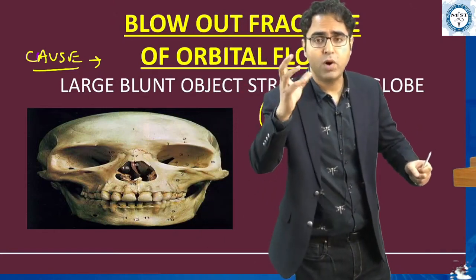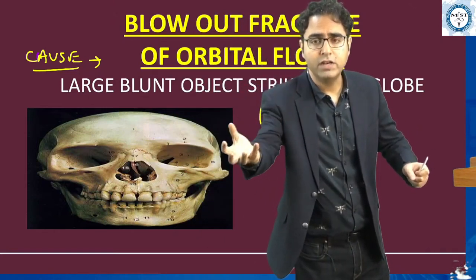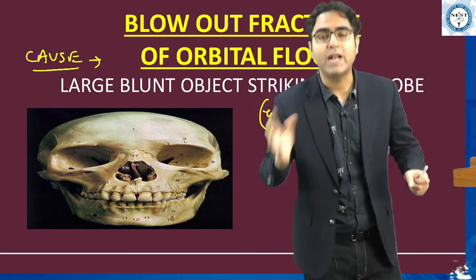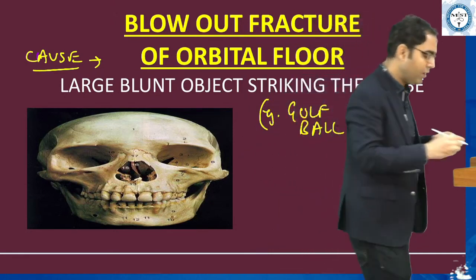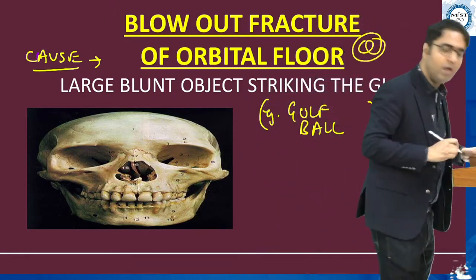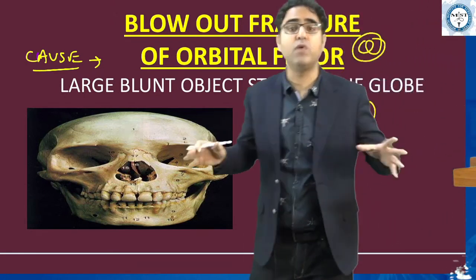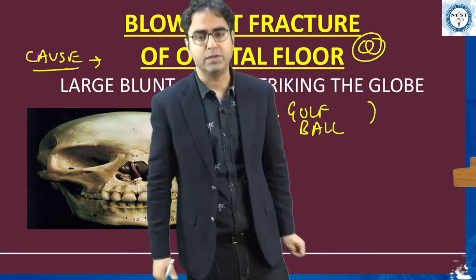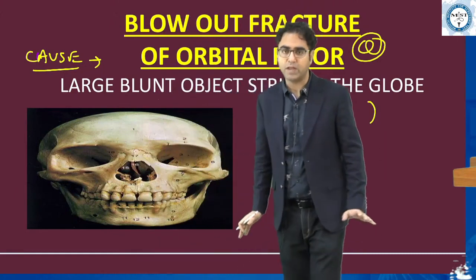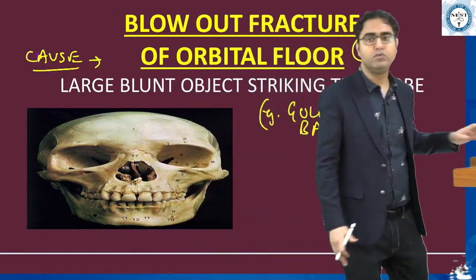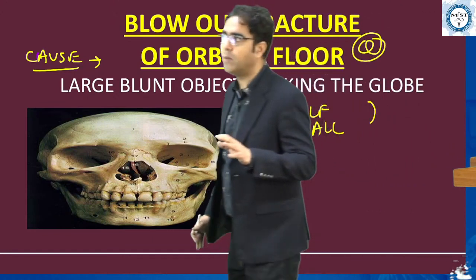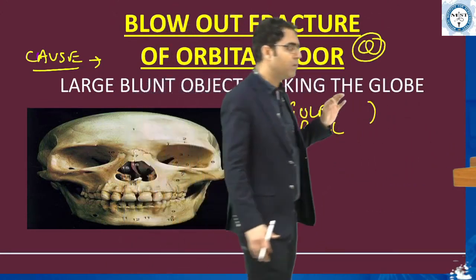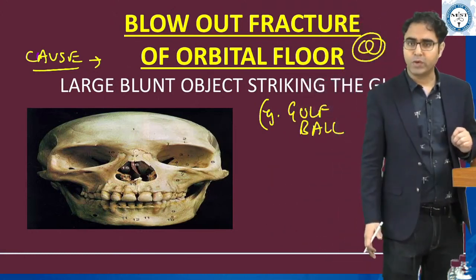A golf ball is a very heavy, rounded ball, and it suddenly hits the globe. And which wall gets fractured? The floor gets fractured, beta. So one MCQ, write down: blowout fracture is fracture of which wall of the orbit? It is the fracture of the floor of the orbit, or the inferior wall of the orbit, beta. Am I clear, beta? Blowout fracture is due to some large blunt object striking the globe, for example, golf ball.